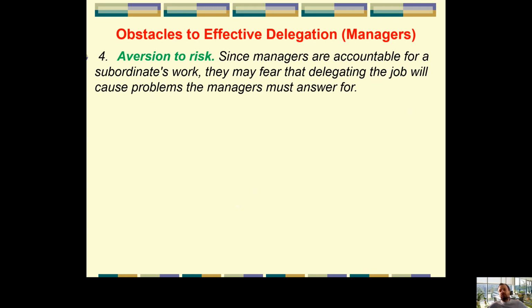As far as the manager is responsible for everything in the organization, he or she could be afraid of some failure. So this manager can think that he or she can perform this task better, compared with the situation of delegating it to another person.